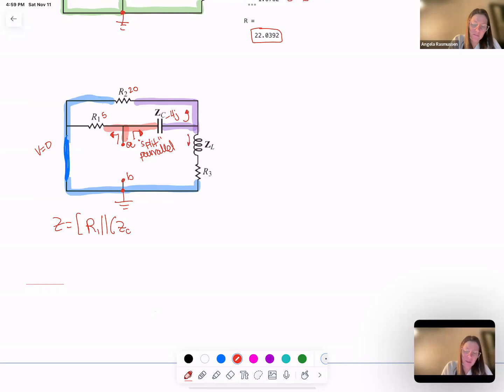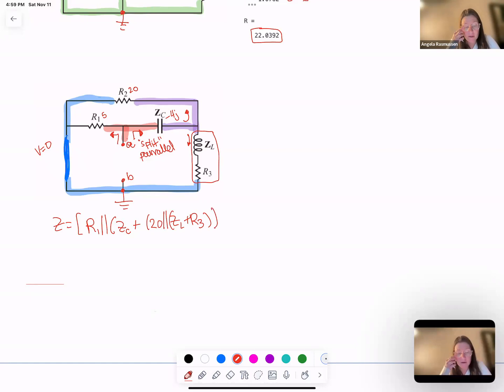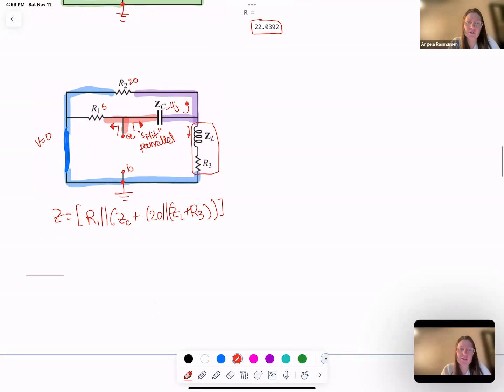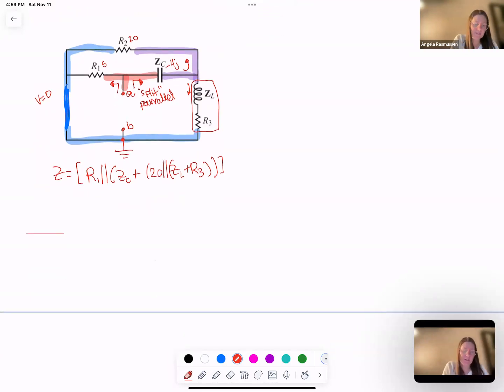That split means that those two are in parallel. So it's going to be 20 in parallel with ZL plus R3, and these two together, which are in series, are in parallel with 20. And then that gets me back to blue on the other side. So this is going to be my equation for ZTH.